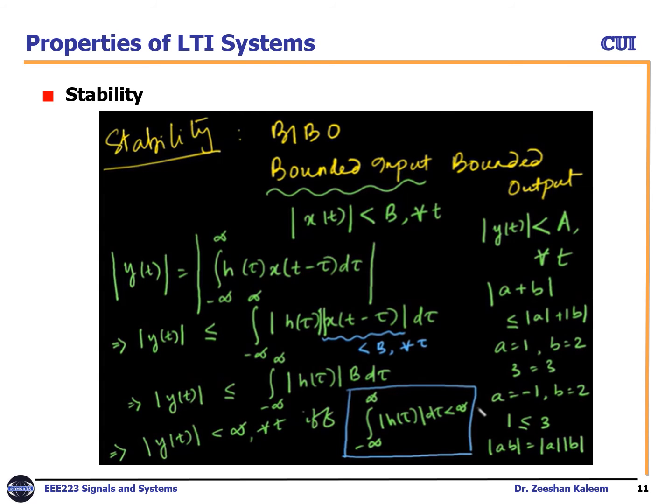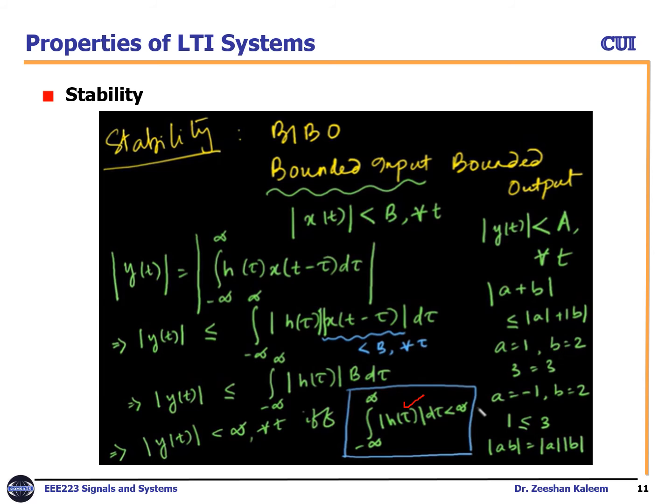Now, previously in the last slide we saw that the system will be BIBO stable when the integral of h of tau is less than infinity. It means that the absolute of the impulse response is less than infinity.